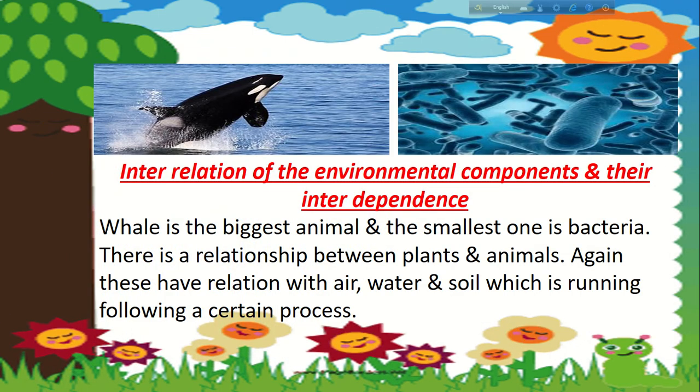Now we will observe the interrelation of the environmental components and their interdependence. Some basic components are necessary for plants and animals to live. You must have noticed that plants and animals are not the same in all environments.